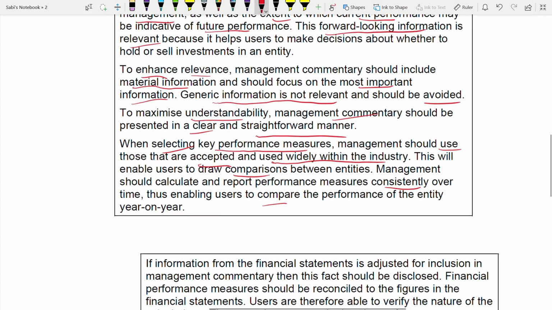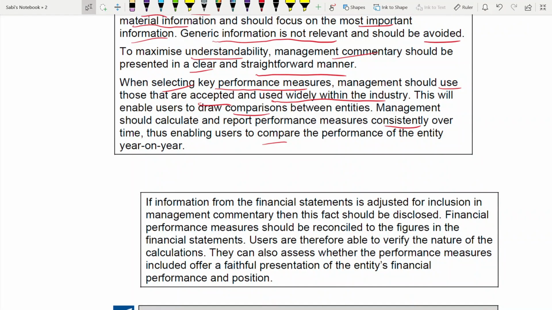Now, if there is any information in the financial statements that needs to be adjusted, this has to be included in the management commentary, okay, as a fact, and it has to be disclosed. Because in the financial statements, what are you doing? You're just adjusting the numbers. How do you know why we changed the numbers and in what places? It will be there in your management commentary. It has to be disclosed there.